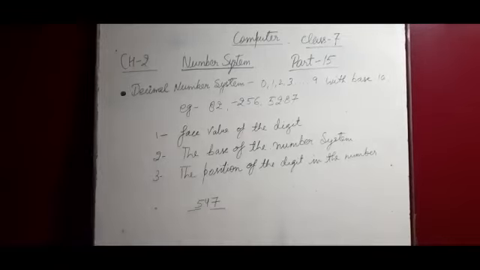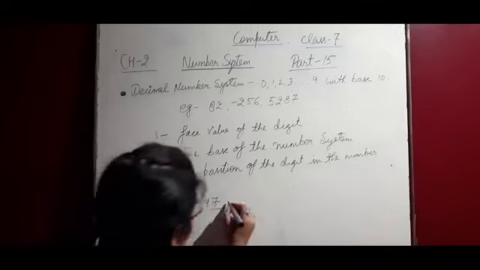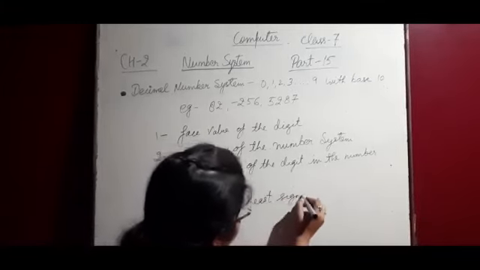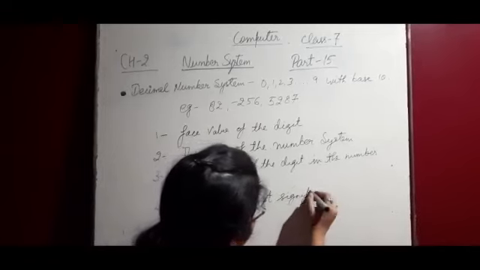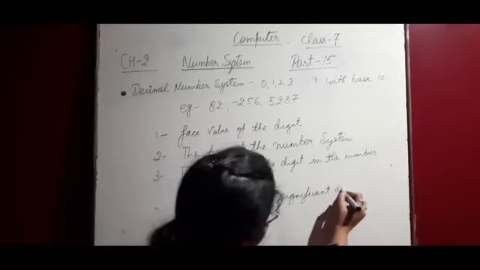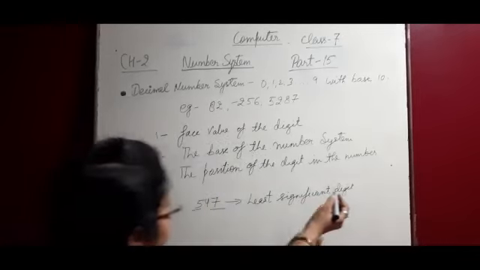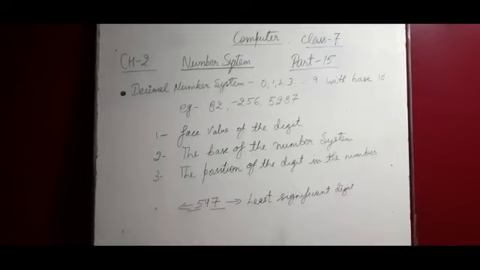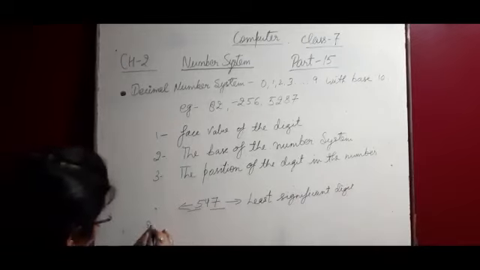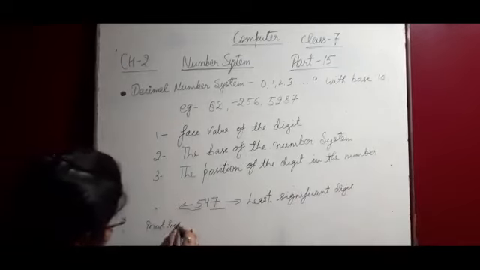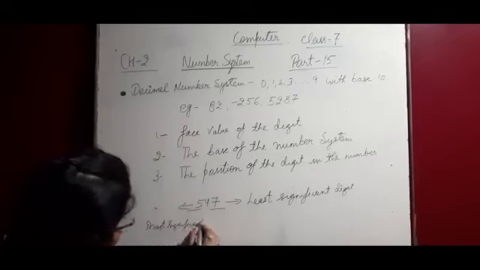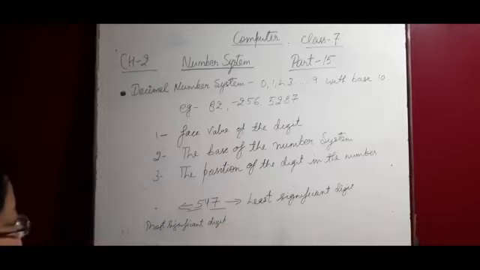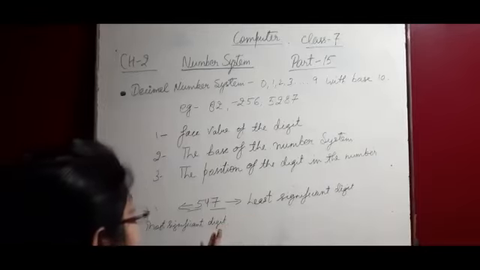The right side is called the least significant digit, and the leftmost is called the most significant digit. Hope you understood. So you have to remember these two.